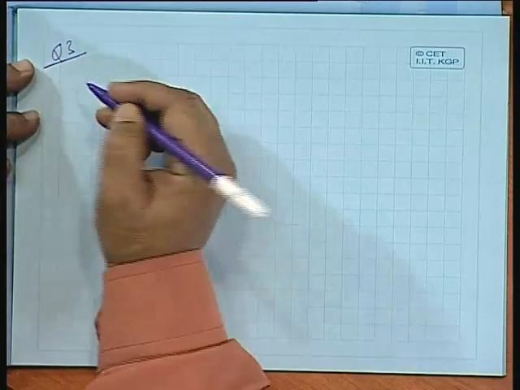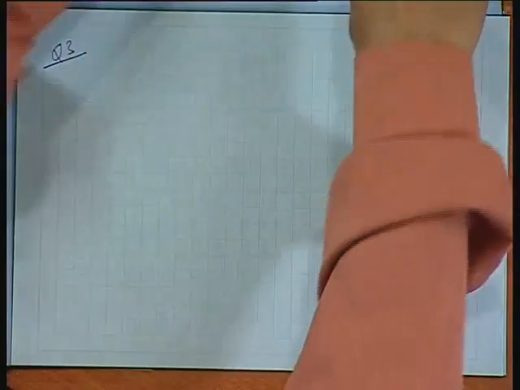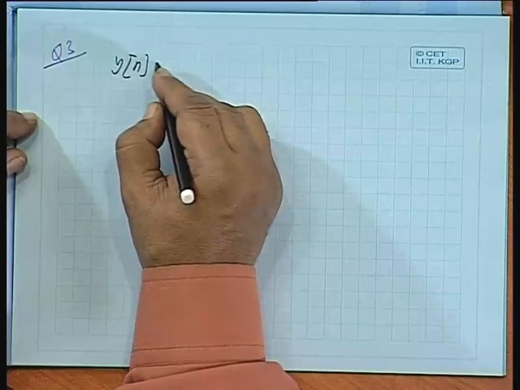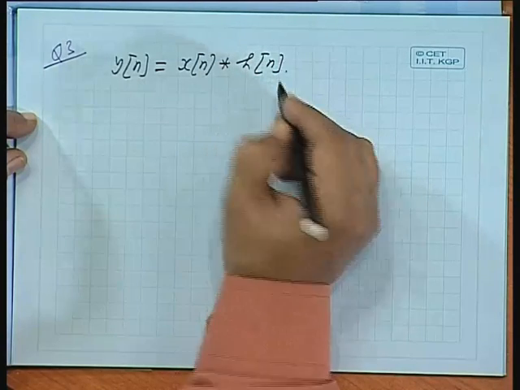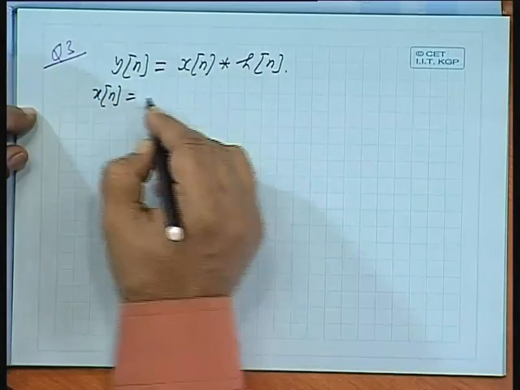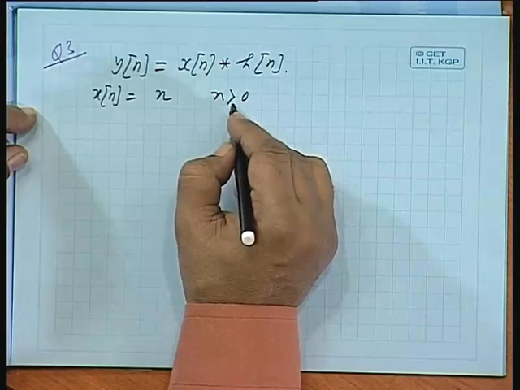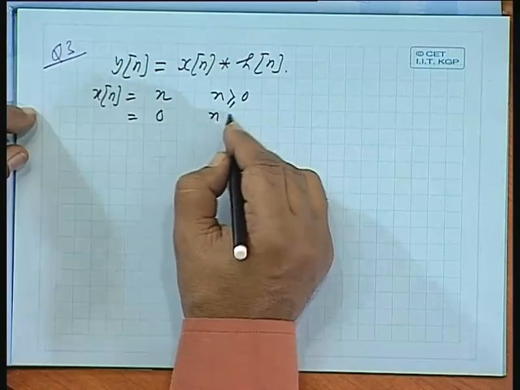Let us take up another example. You are asked to determine y n, which is the convolution of x n and h n. x n is given as n for n greater than or equal to 0, and 0 for n less than 0.